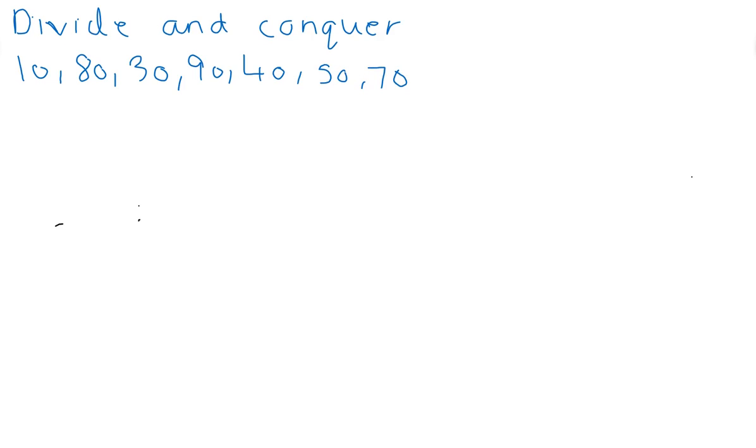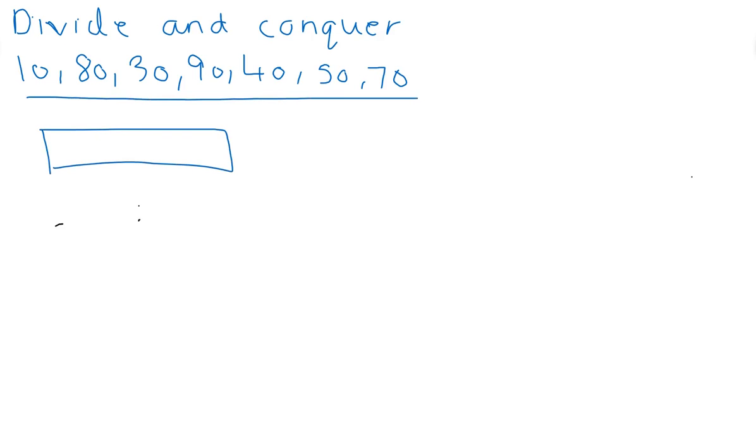Now in order to sort this array using quicksort, the first thing I'm going to do is partition this array in such a way that I have all less than element. Okay, so I'm going to choose one pivot element.